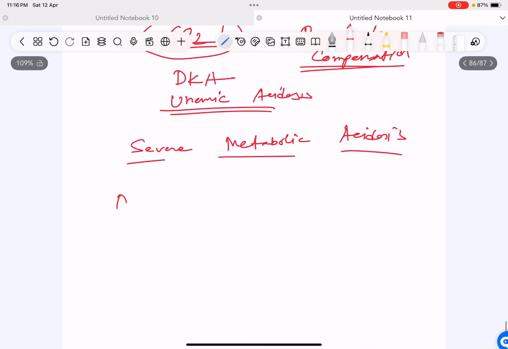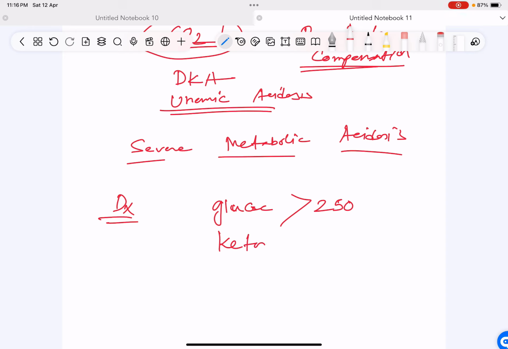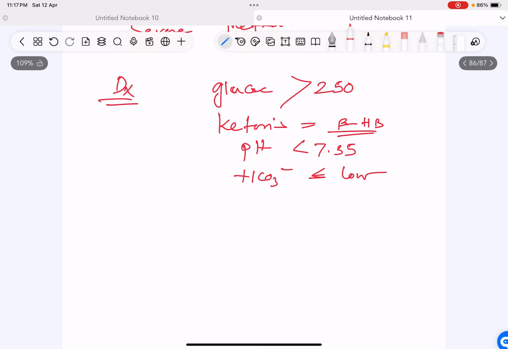What is the diagnostic criteria? The diagnostic criteria is blood glucose levels more than 250 mg per dl, ketosis, that is presence of ketone bodies in blood, like beta hydroxybutyric acid, and pH less than 7.35. Bicarbs will be low, less than 18 milliequivalent per liter.